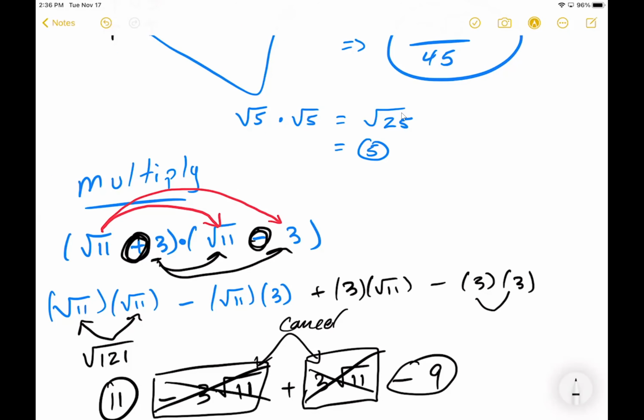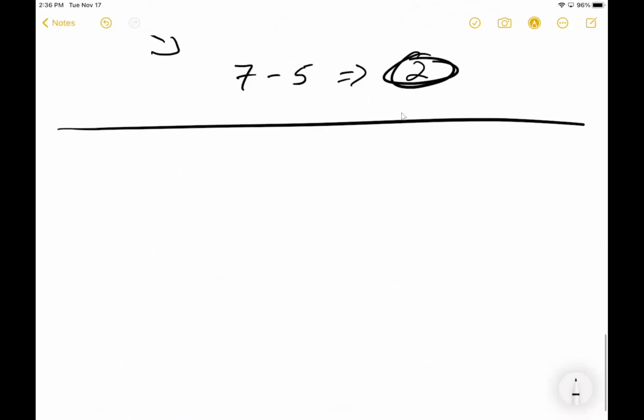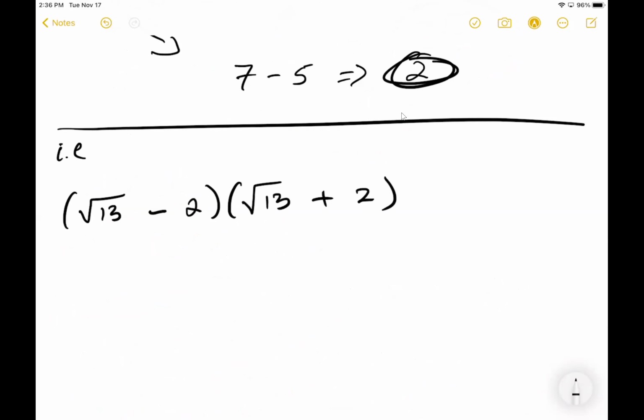So the reason why I give you guys this, ladies and gentlemen, is so that if you see this problem, let's say we have another example here. If I give you this problem, let's do square root of 13 minus 2 times square root of 13 plus 2.